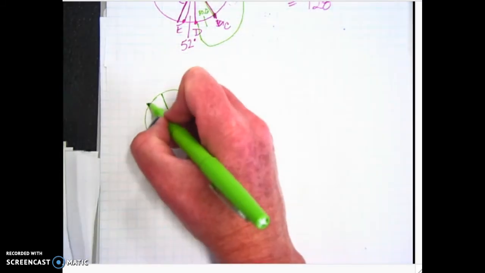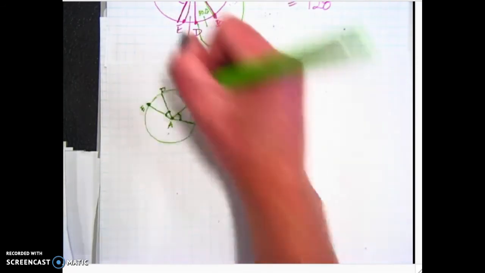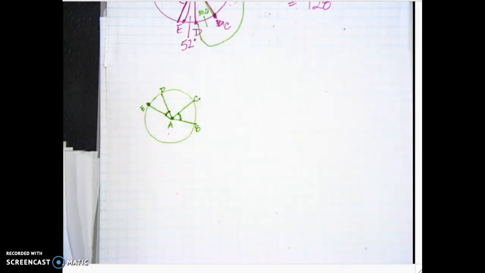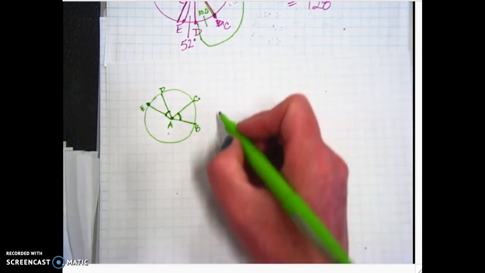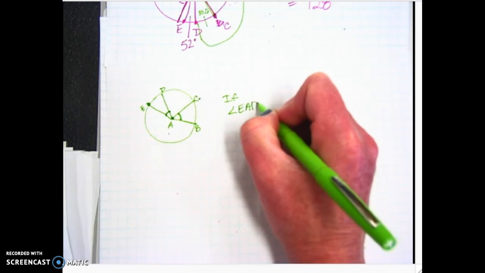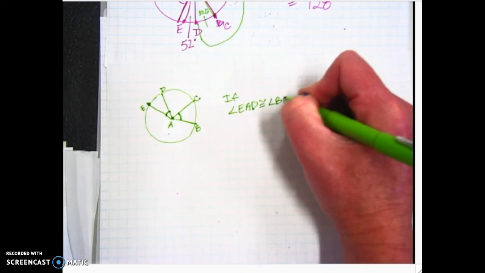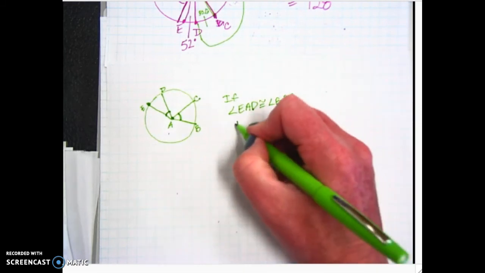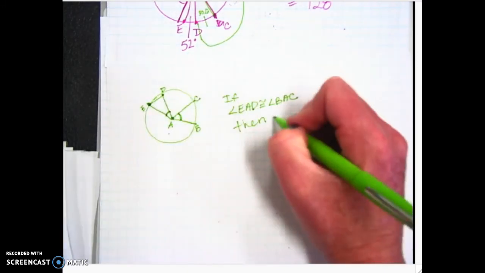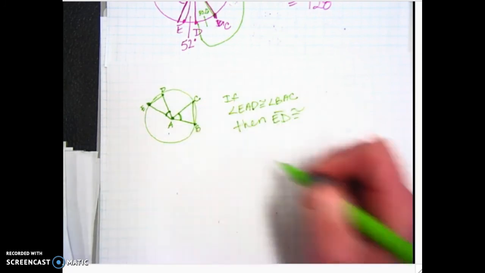So this one is going to intercept at E and D, and this one is going to intercept at B and C. This theorem says that if angle EAD is congruent to angle BAC, then this piece, ED, is congruent to this piece right here, BC.